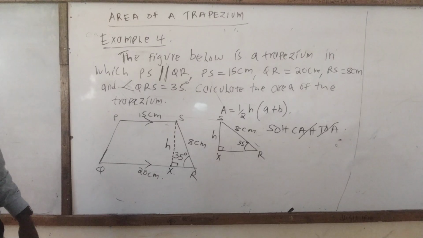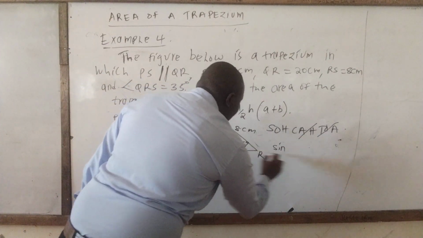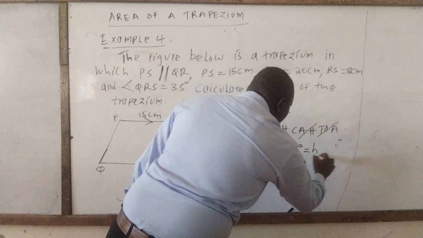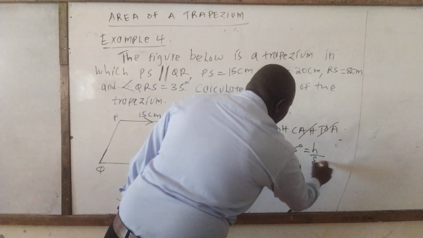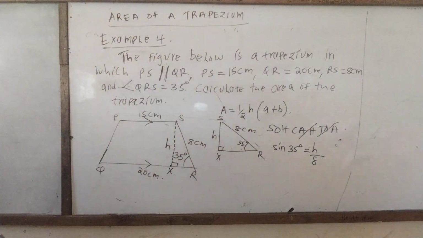Then use what? Sine. Sine of 35 degrees is equal to opposite h over hypotenuse, which is 8.